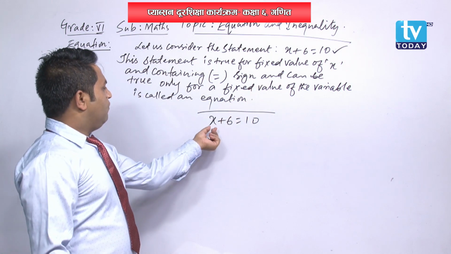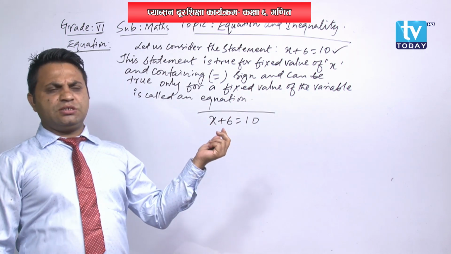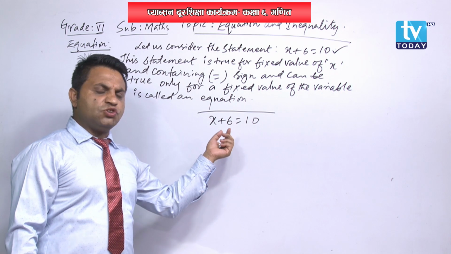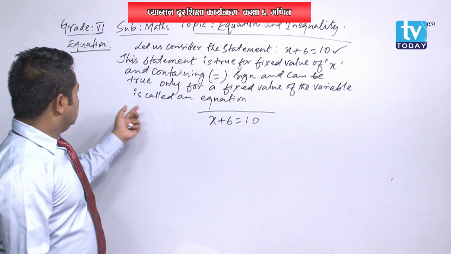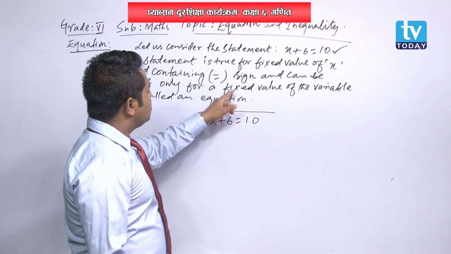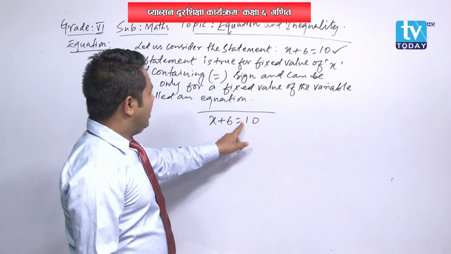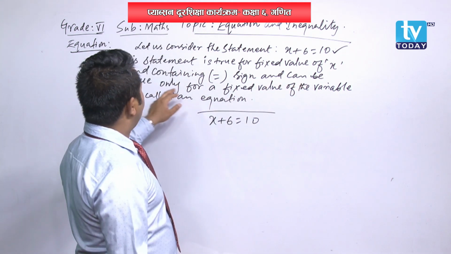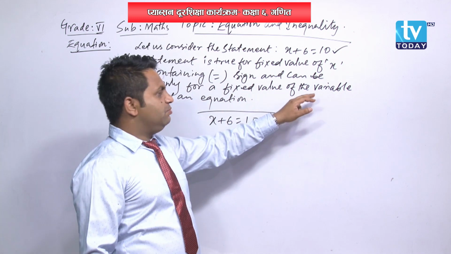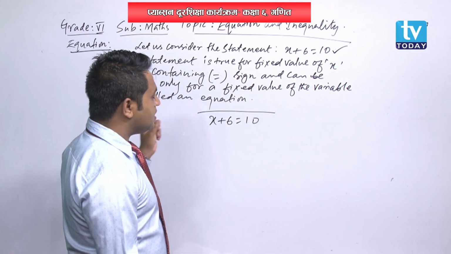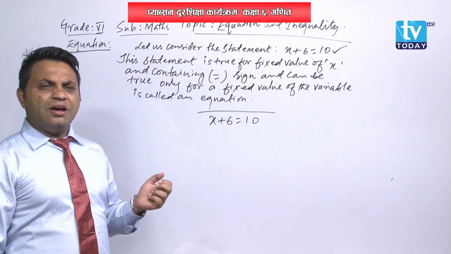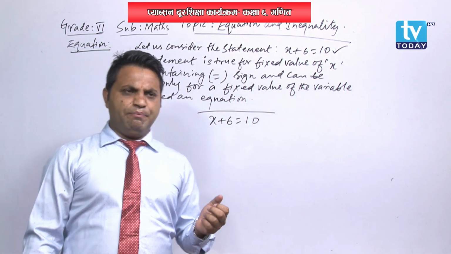That means there must be a fixed value of x, otherwise this statement will not be true. It contains an equals to symbol and can be true only for a fixed value of the variable.